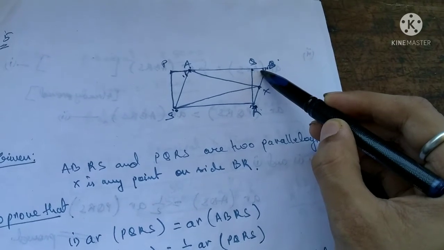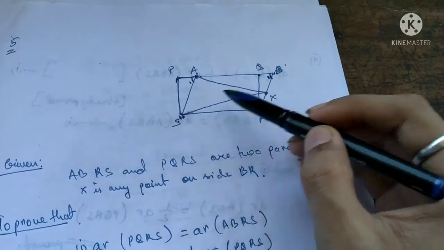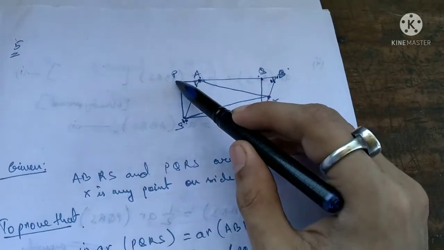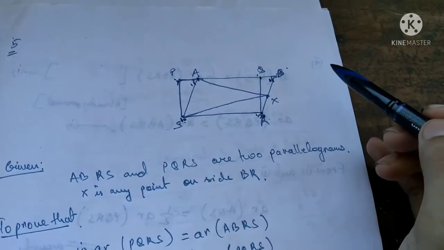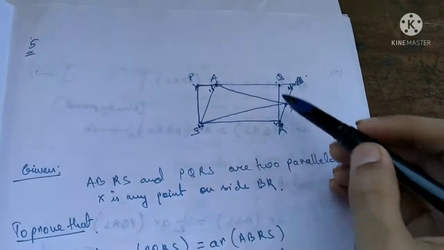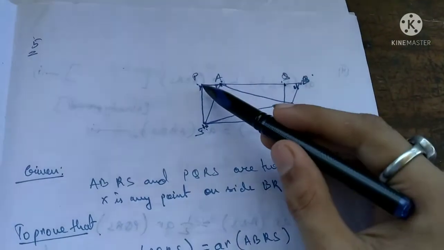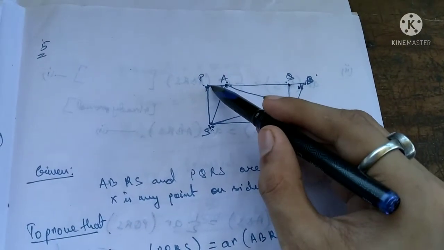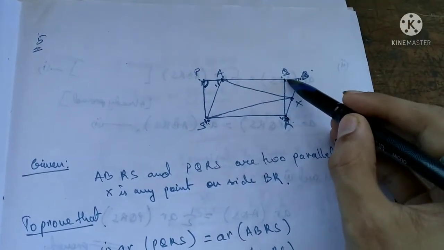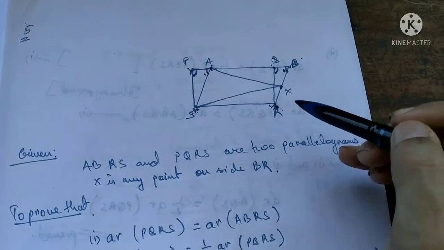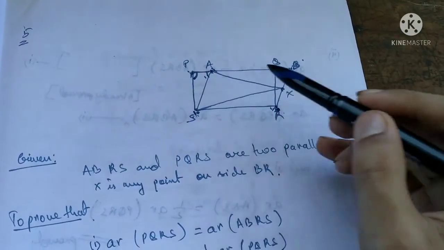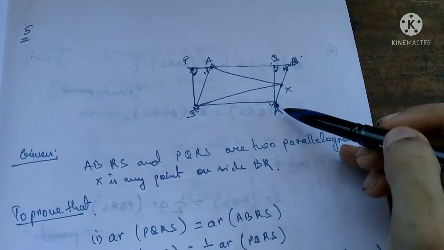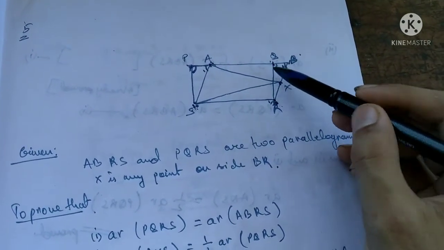Understand? Corresponding angles. Next again I can say that PS is parallel to QR because PQRS is a parallelogram. So therefore PS is parallel to QR. So therefore this angle will be equals to this angle: angle SPA is equals to angle BQR.